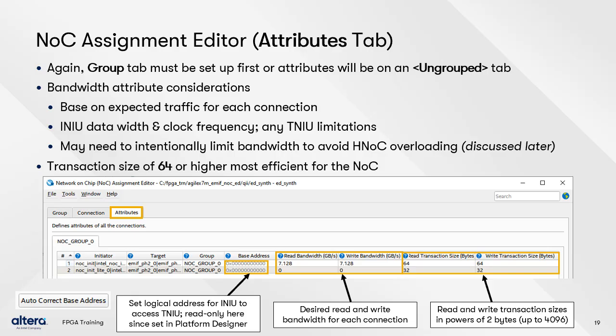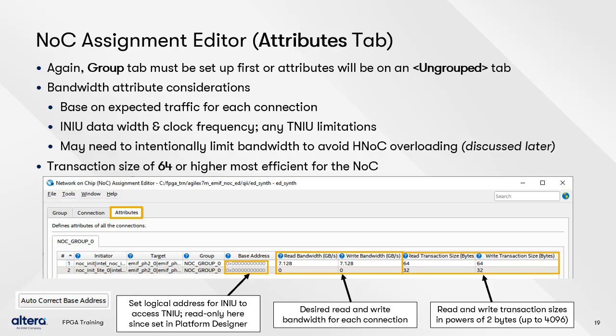The bandwidth values specified here should be based on the expected traffic for the connection, taking into account the INIU data width, the INIU clock speed, and any possible TNIU limitations. The default values of 0 indicate you are not imposing any limits on the bandwidth. Note that it may be necessary to intentionally limit the bandwidth to avoid oversaturating the NoC.